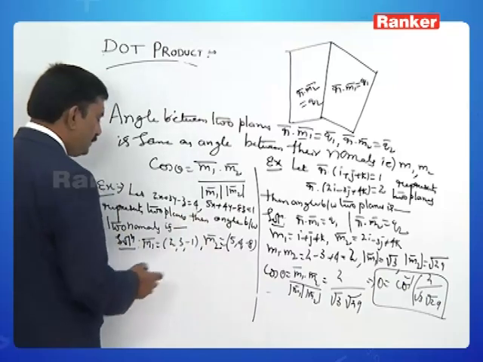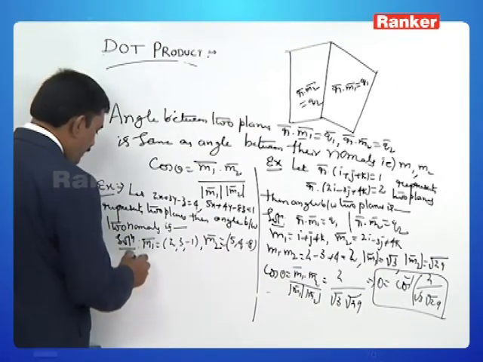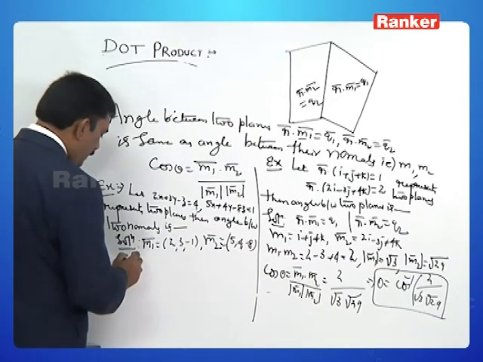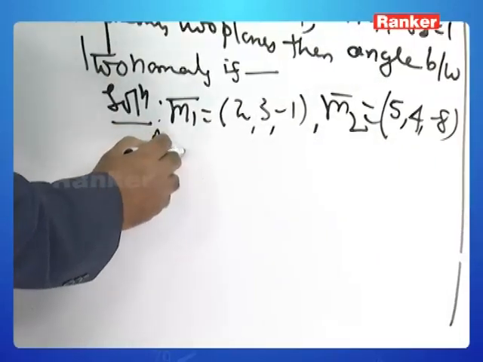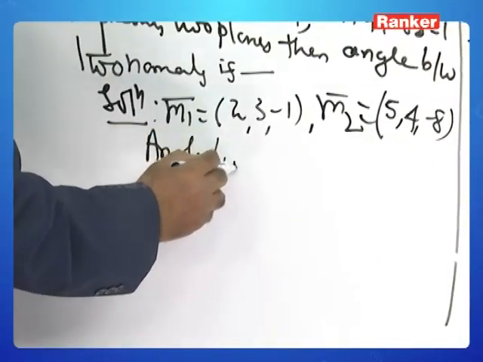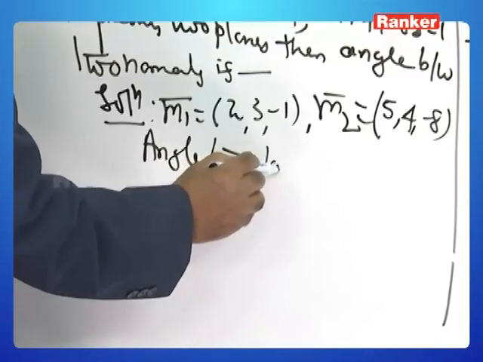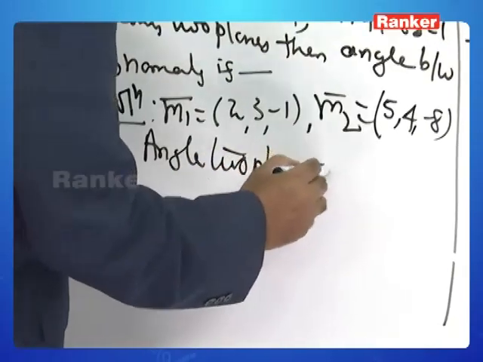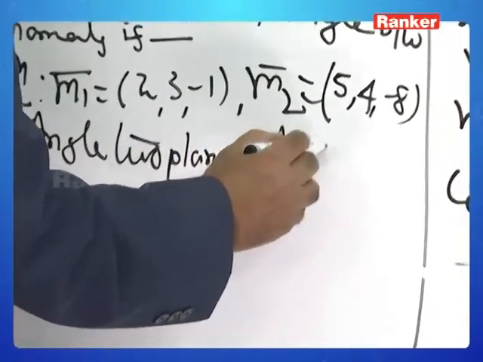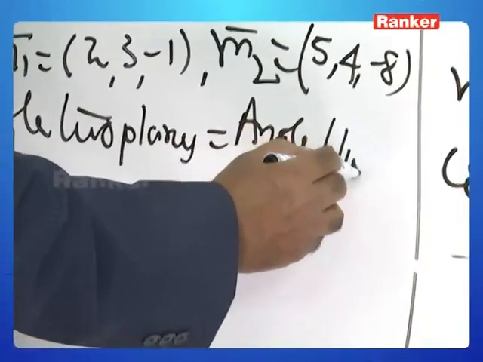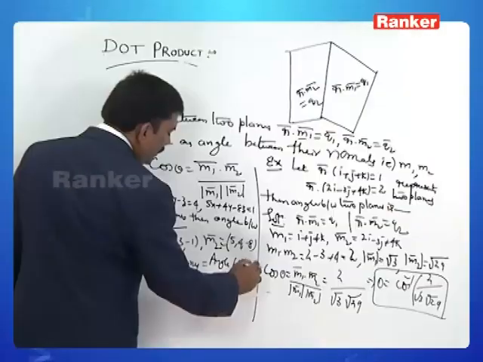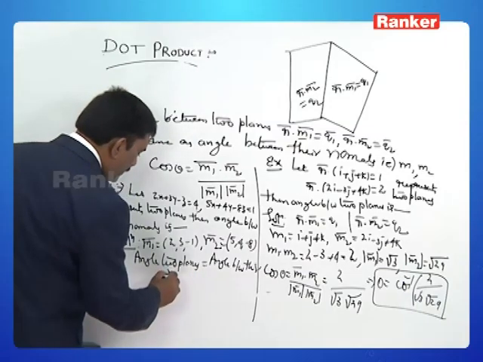So now I can write the angle between two planes is equal to the angle between their normals.